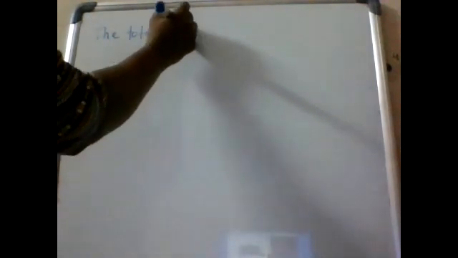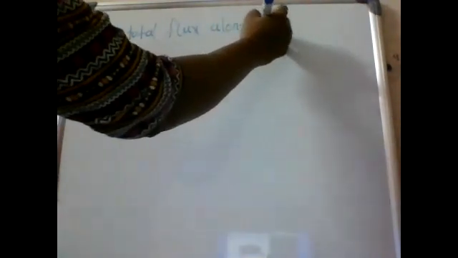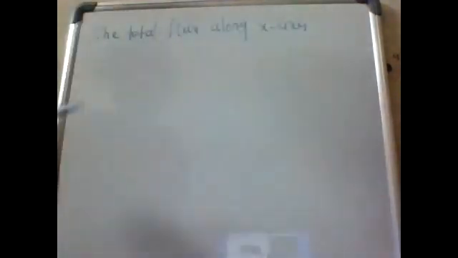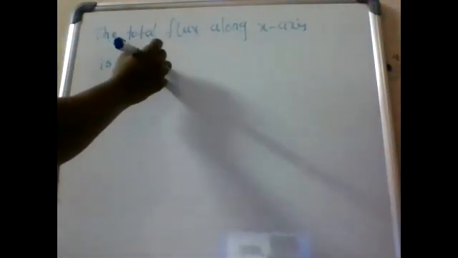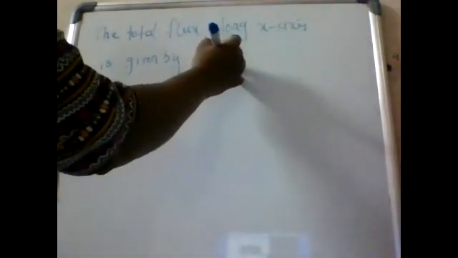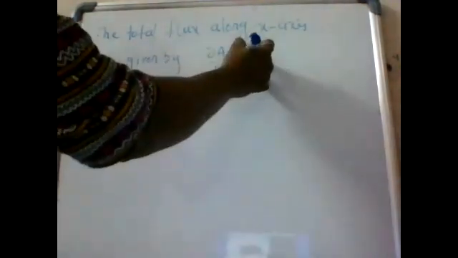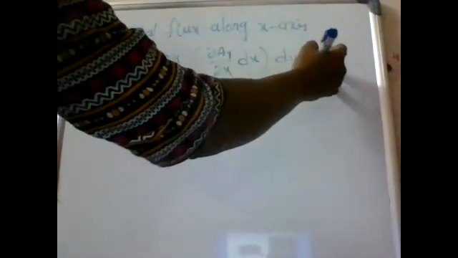Next, the total flux. The total flux along x-axis is given by dou A suffix x by dou x into dx, multiplied with dy into dz.